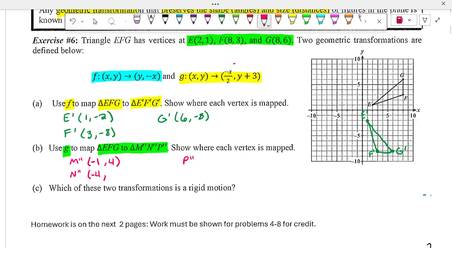If I add 3 to 3, what do I get? 6. P double prime, I'm going with G. Should be the same X value as N double prime because it was the same starting value. If I add 3 to 6, what do I get? 9. Take a minute to graph that on your graph.